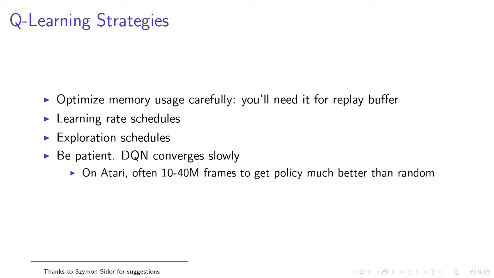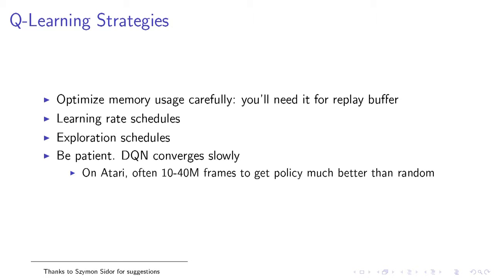For Q learning, a few things. One is, often it helps to have a really big replay buffer, and to be able to do this, you need to be a little careful about memory usage, so it's worth putting in the extra effort to do that. Learning rate schedules are often quite helpful here in practice, as are exploration schedules.